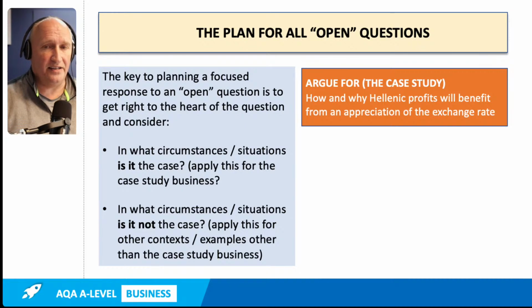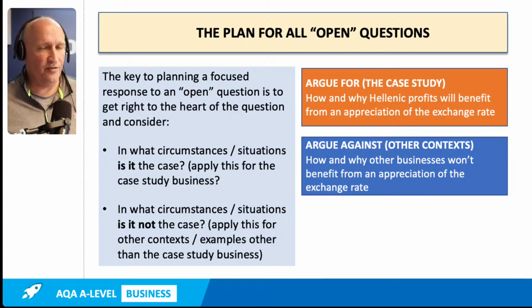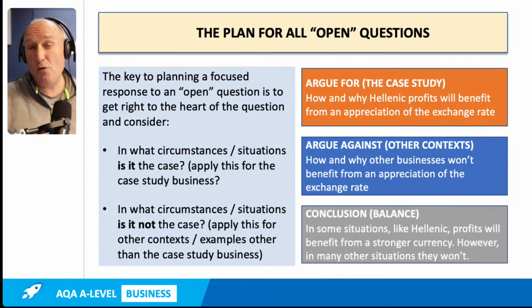So we just deal with Hellenic. Then we forget all about Hellenic, and we try to think of other situations where businesses wouldn't benefit from the appreciation of a currency. And then we know what the conclusion is, because we know that in some situations they will, and in some situations they won't. So in a way, the conclusion takes care of itself.